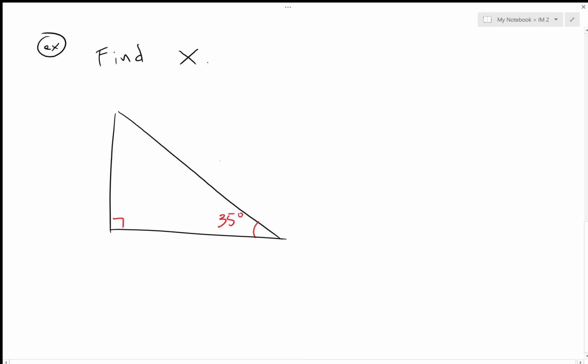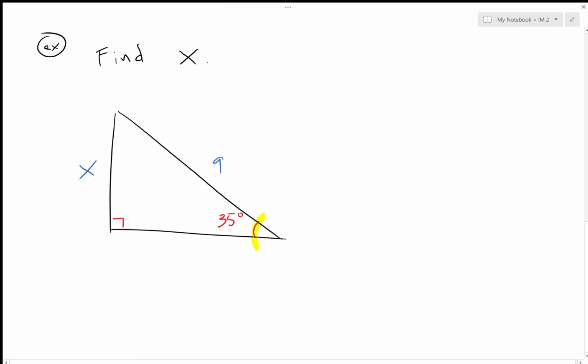And they tell us that this side is 9 and this side is x. A couple lessons ago we solved for the missing sides, but these were special right triangles, either 30, 60, 90 or 45, 45, 90. But here we have a 35-degree angle, and I'm going to mark that off, 35 degrees.